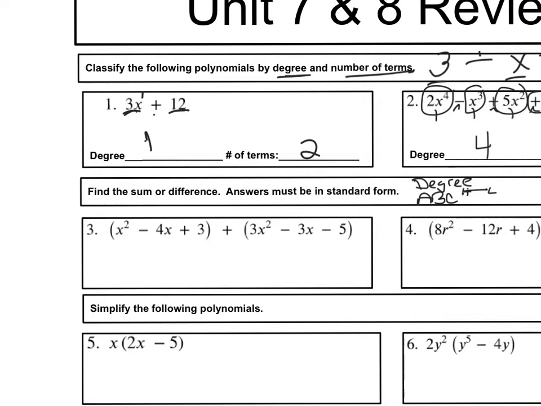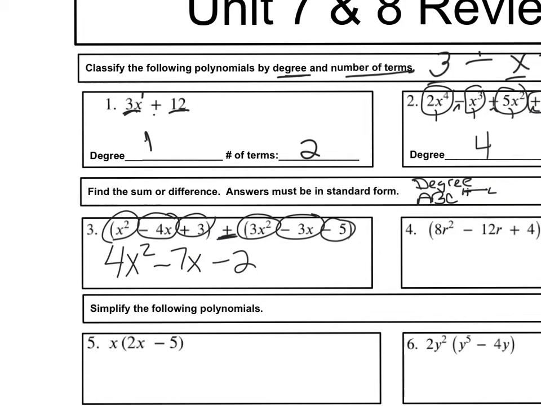So x squared, I've got 1x squared plus 3x squared, so I got 4x squared. Then I have negative 4x plus negative 3x, so that's minus 7x. And then 3 plus negative 5 is negative 2.